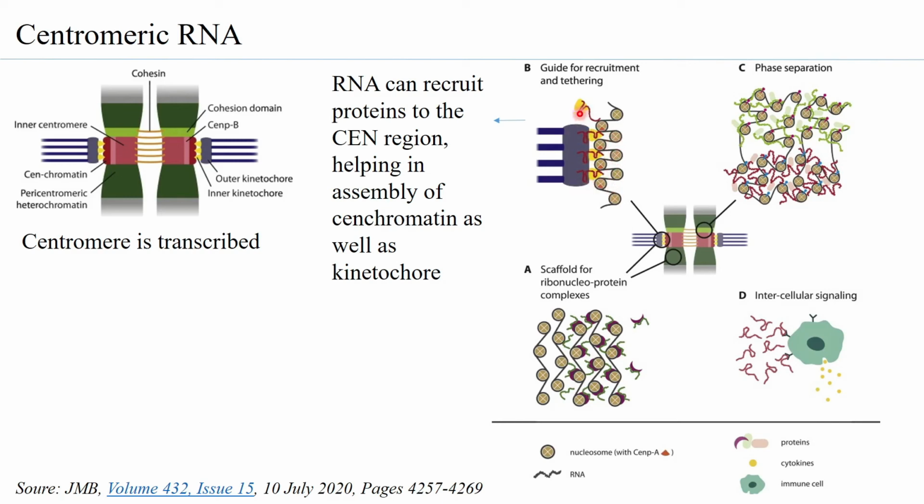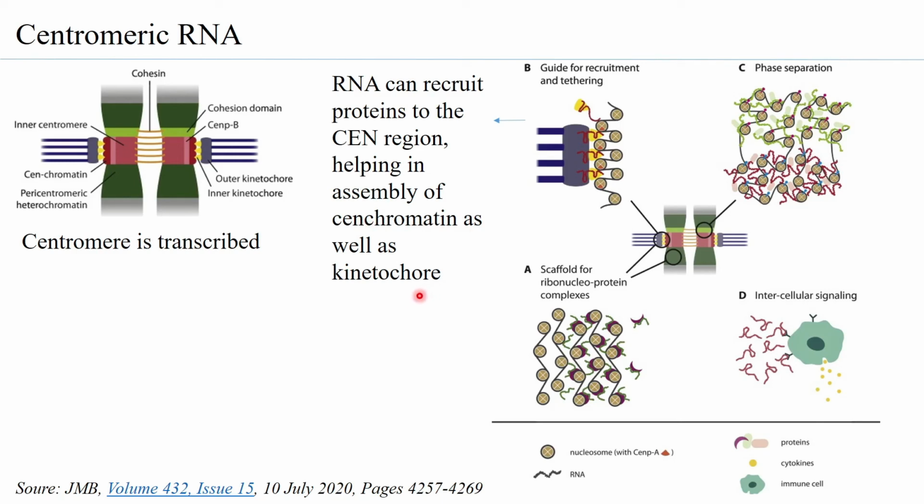These are the RNA. And one of the studies has associated the RNA with the tethering of the outer kinetochore with the central kinetochore. So the RNA can recruit proteins to the CEN region, helping in assembly of both the centromeric chromatin as well as the kinetochore.